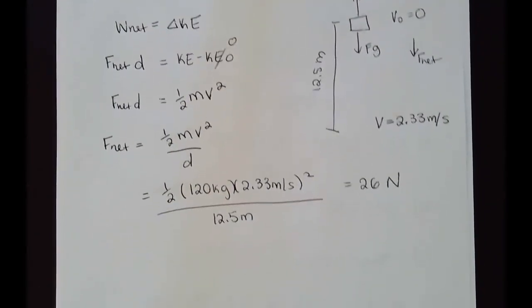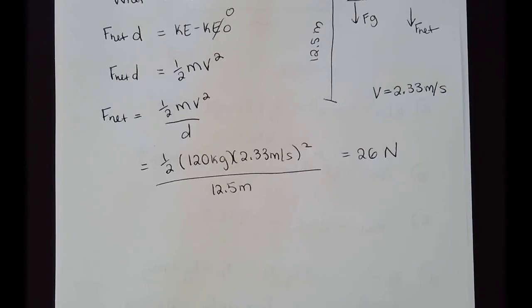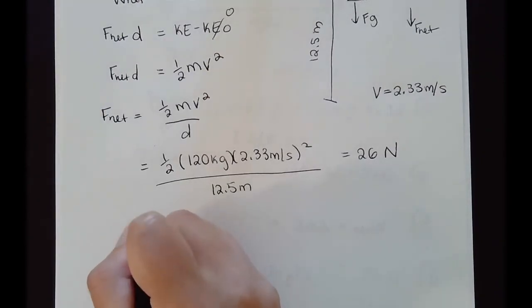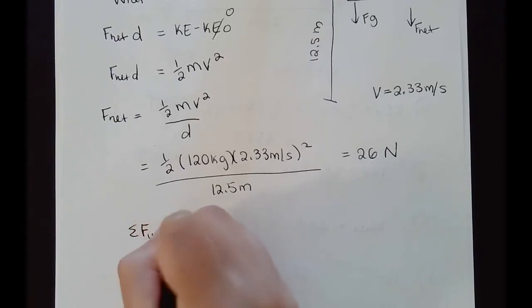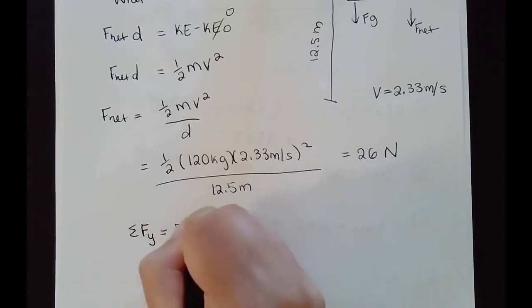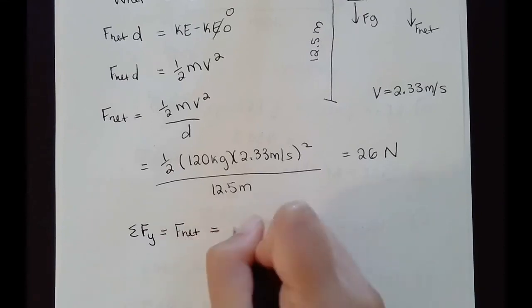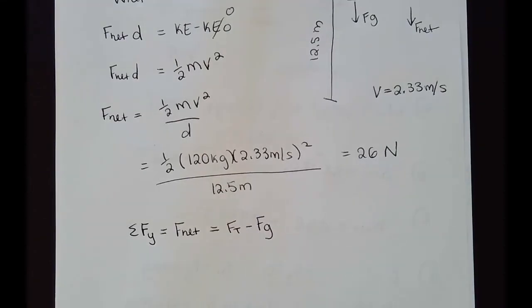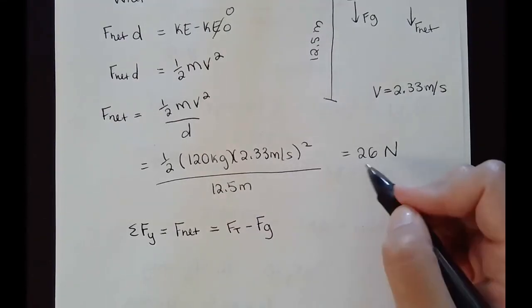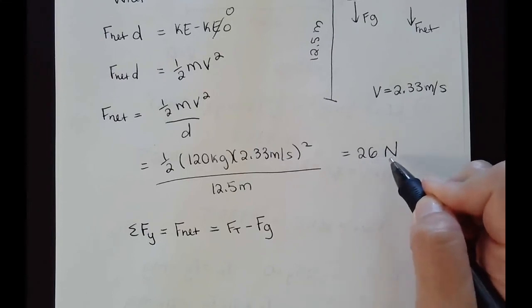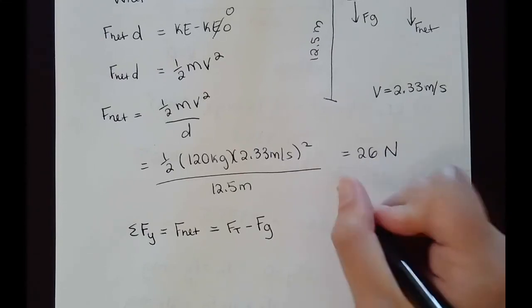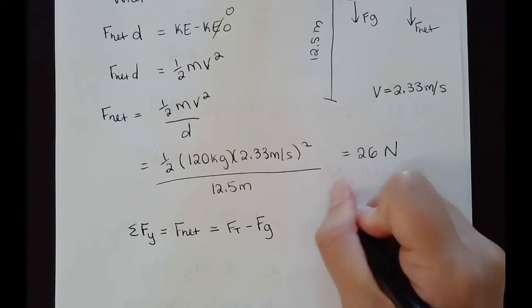So now we need to find the tension in the string, and we will use Newton's laws to do that. So our net force in that y direction is equal to F net, of course, which equals Ft minus Fg. So let's be careful with this sign here. This formula gave us the magnitude of the net force, which is 26 newtons. In the y direction, that's downwards.